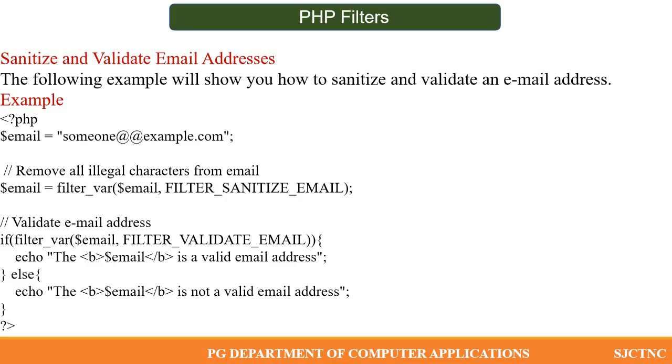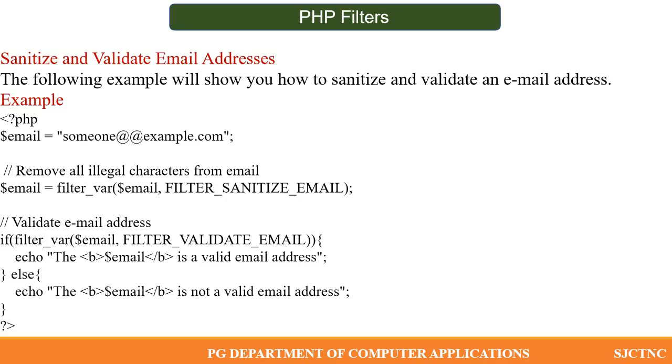First, we remove illegal characters from the email using filter_var with FILTER_SANITIZE_EMAIL. There are two symbols there, and we can remove one of them. Using this, we can remove illegal characters from an email address.